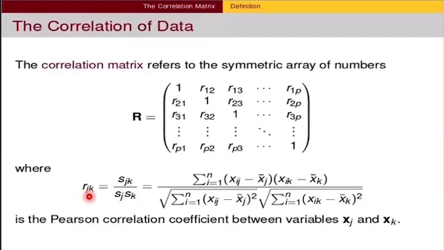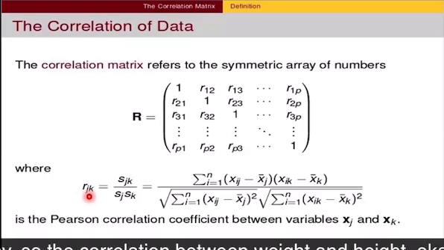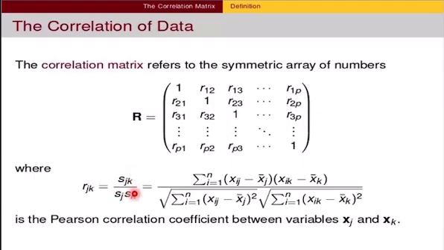A doctor may be interested in that. So for the correlation between weight and height, the numerator is the covariance, the covariation between the two variables under investigation, divided by the product of the standard deviation of variable J and variable K. Okay, so this is the formula here.